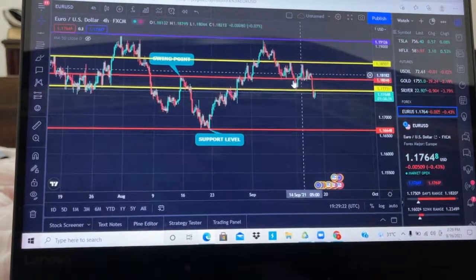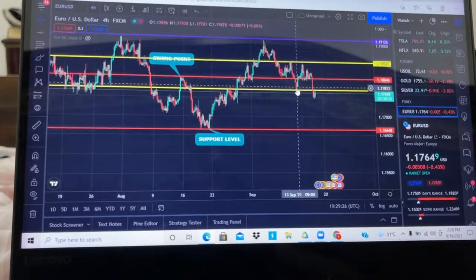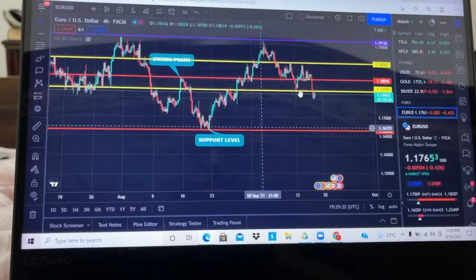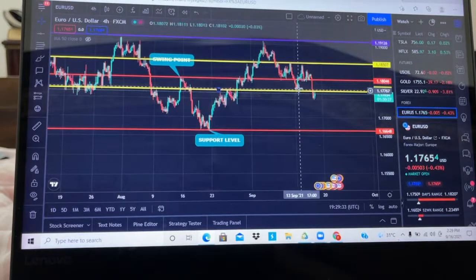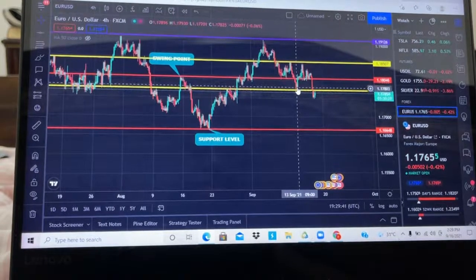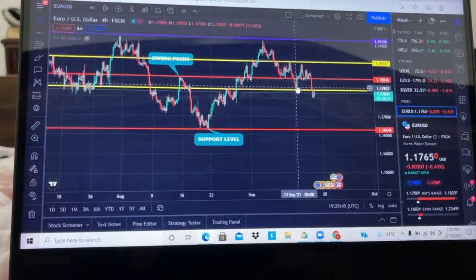So right here would have been our swing point, right here would have been our support. As a trader, you will be looking for candle patterns at the support, which will be a tweezer bottom, or a bullish engulfing candle.